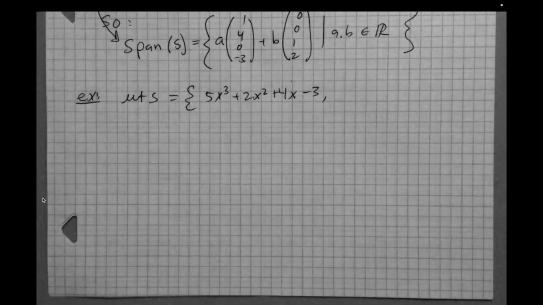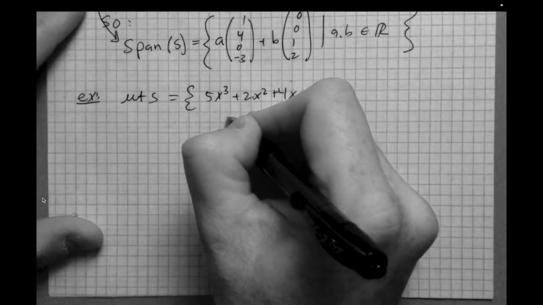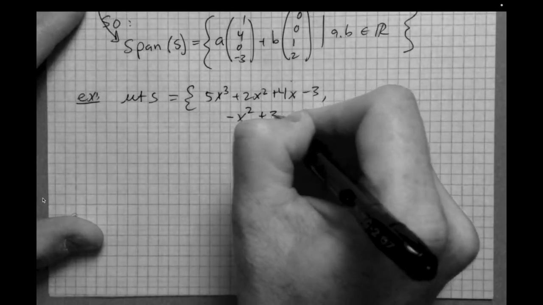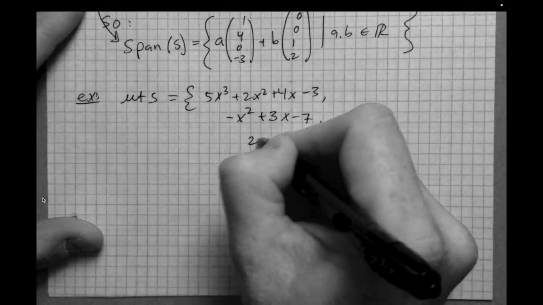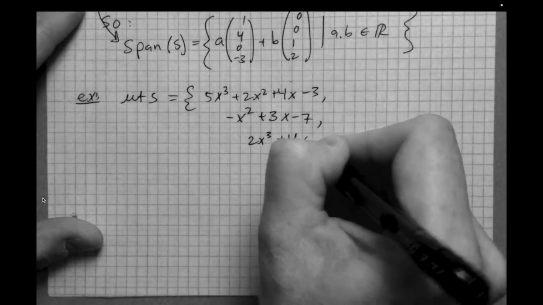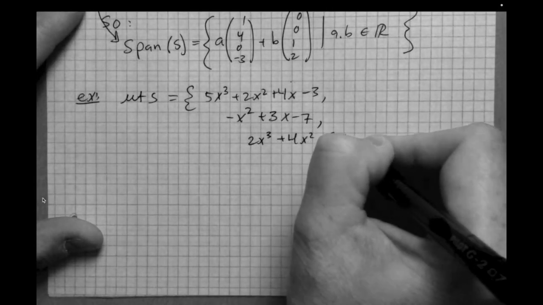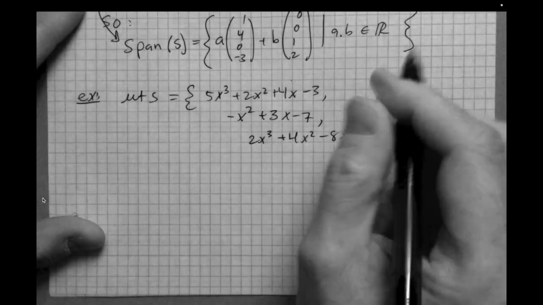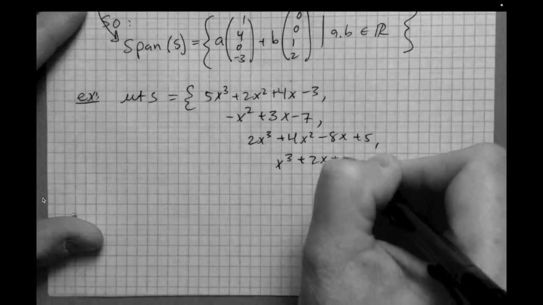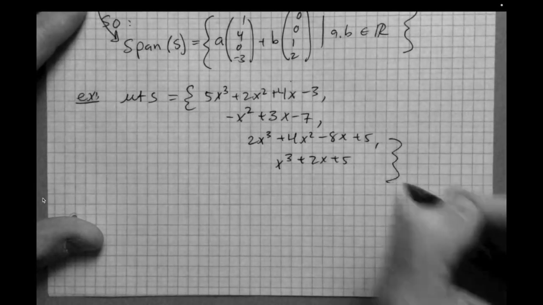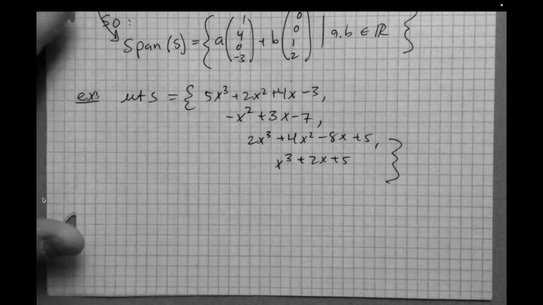That's our first polynomial. And then I'm going to write it on a separate line. Negative x squared plus 3x minus 7. And then 2x cubed plus 4x squared minus 8x plus 5. And then x cubed plus 2x plus 5. Okay, so we'll call this our subset S.